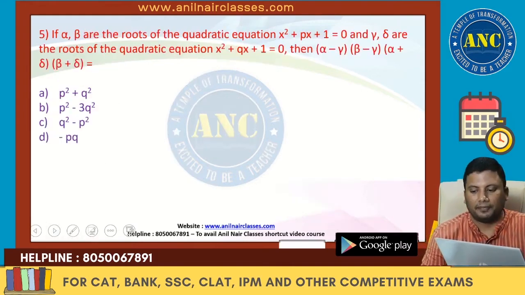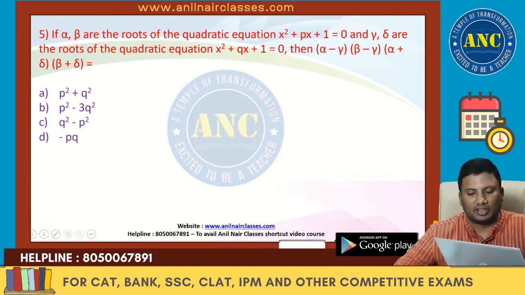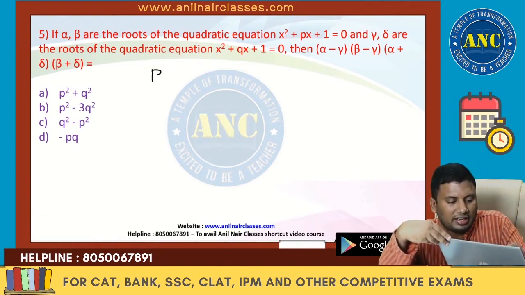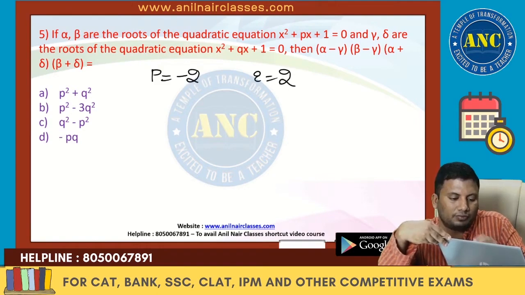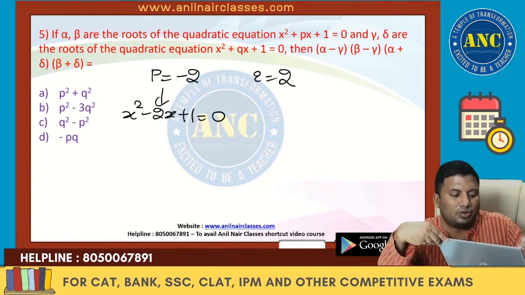Question number 5. If alpha, beta are the roots of the quadratic equation, and gamma, delta are the roots of the other quadratic equation, what we will do is we will take p as minus 2 and q as 2. I'll tell you why I am doing this. X square minus 2x plus 1 equivalent to 0.